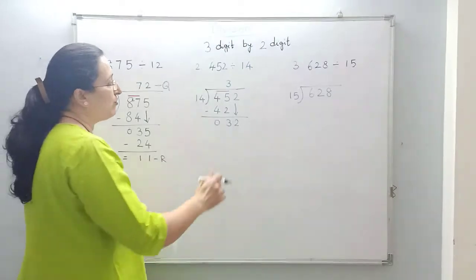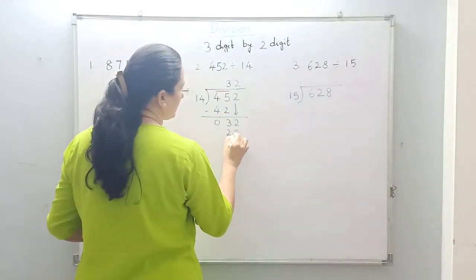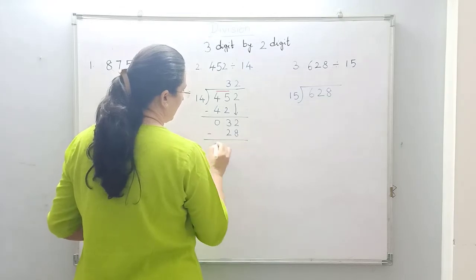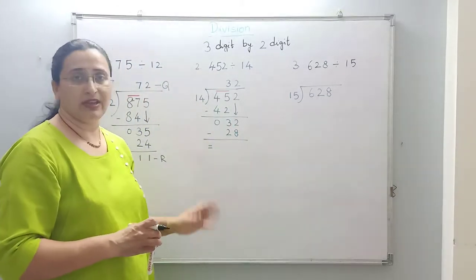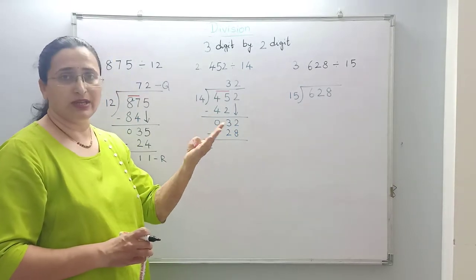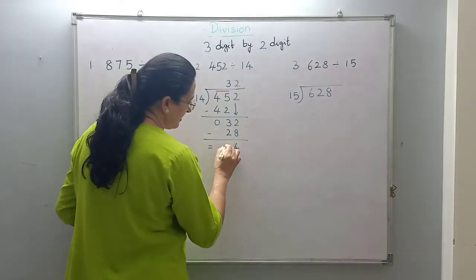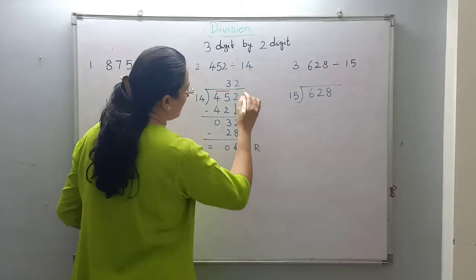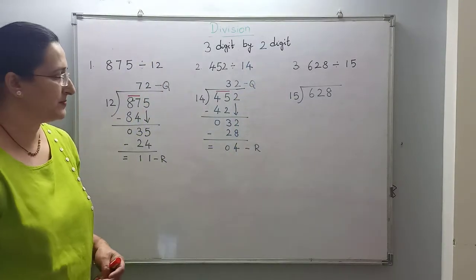It is 14 twos are 28. Now when we are subtracting 32 from 28, we can even count forward, that is 29, 30, 31, 32. So our answer is 4. Here 4 is the remainder and 32 is the quotient.